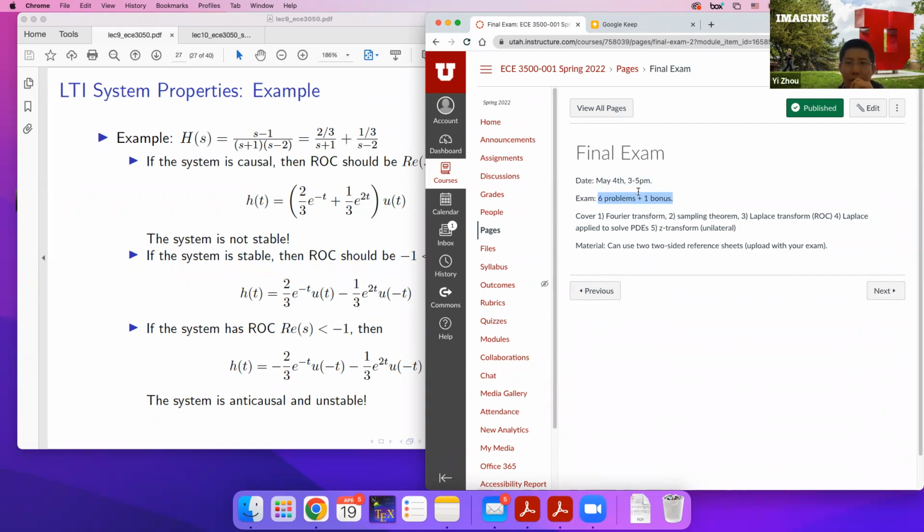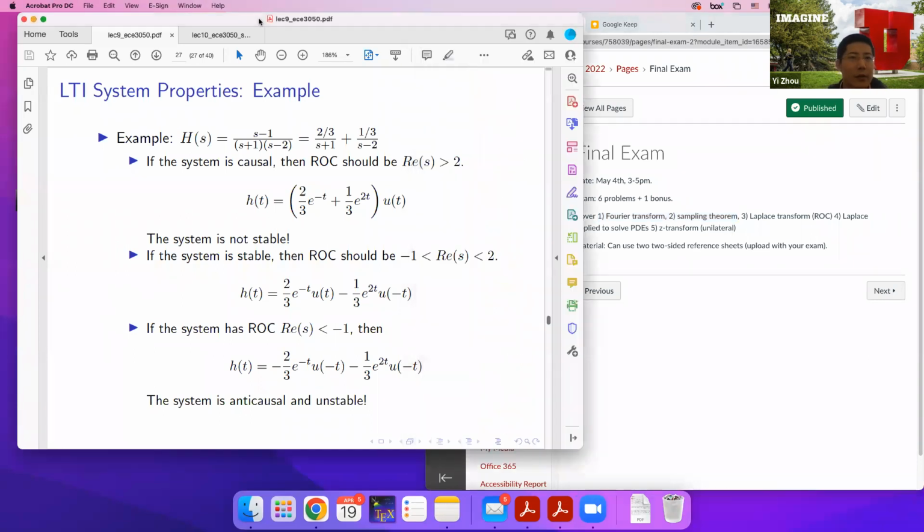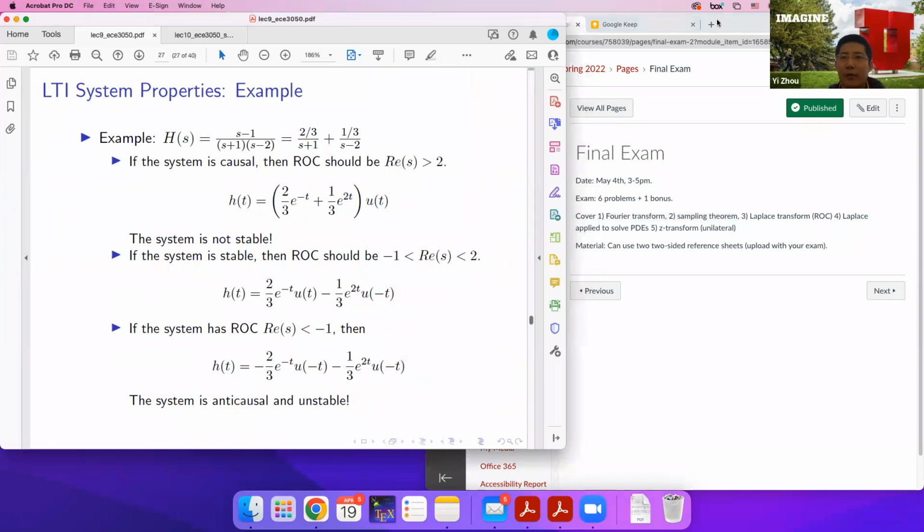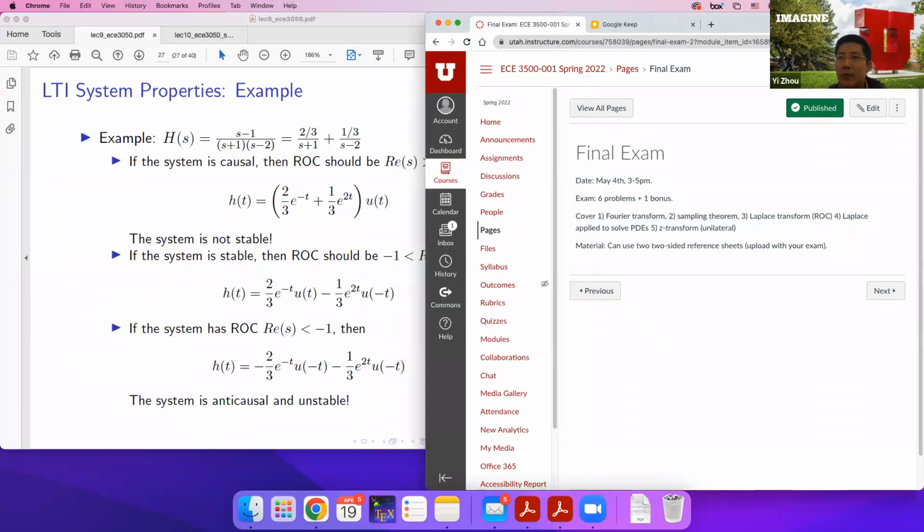Most of them cover the last 2 lectures, so it is not cumulative. But some of them, like the bonus, may depend on the Fourier transform, the sampling theorem, or all the previous materials. Okay, so we can communicate over email.